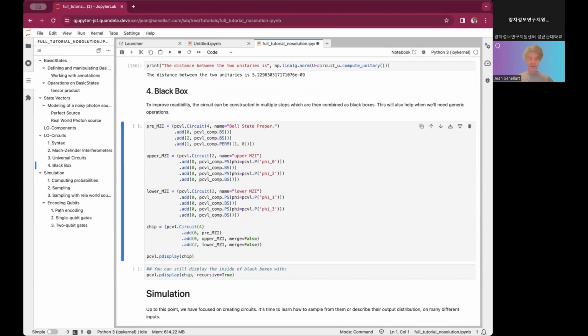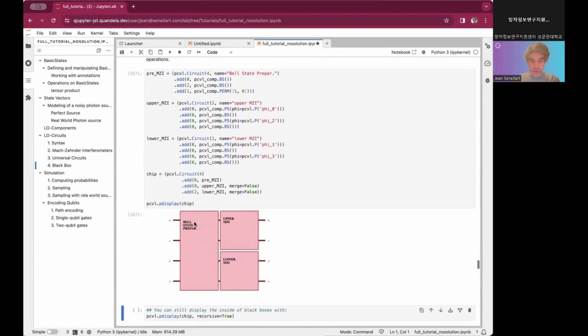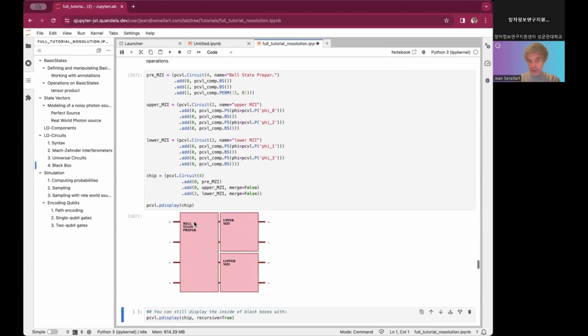So last thing we'll do, and after we'll move to the next tutorial, we'll see that you can do that recursively. So here what I'm doing, I'm defining a circuit that is a Bell state preparation. And then I'm doing two MZI that I'm calling upper MZI and lower MZI, and then I'm combining them. So what did we do here? We just did what we did before, but we recursively added the circuit inside the circuit.